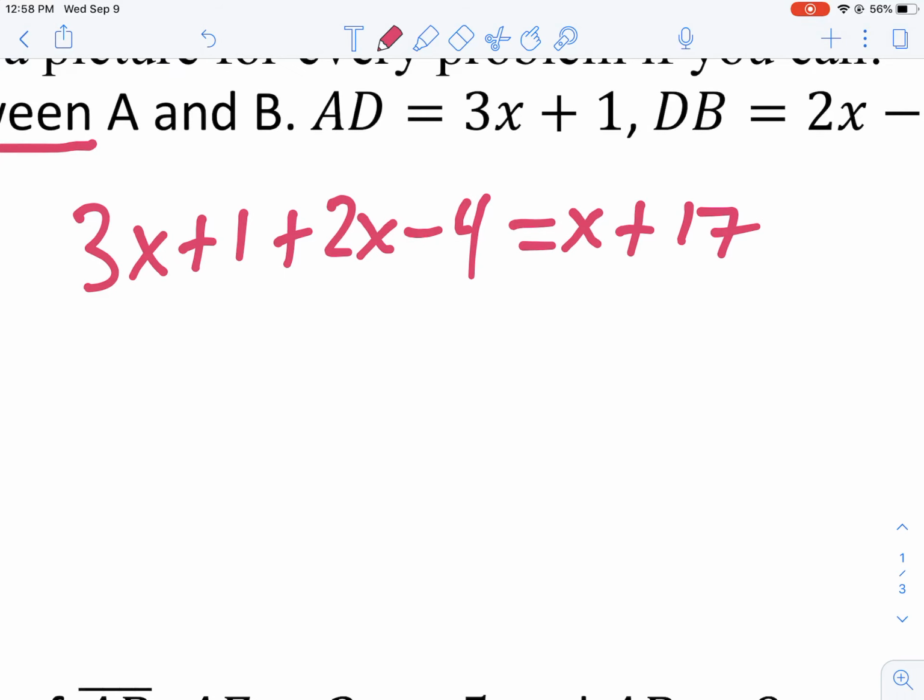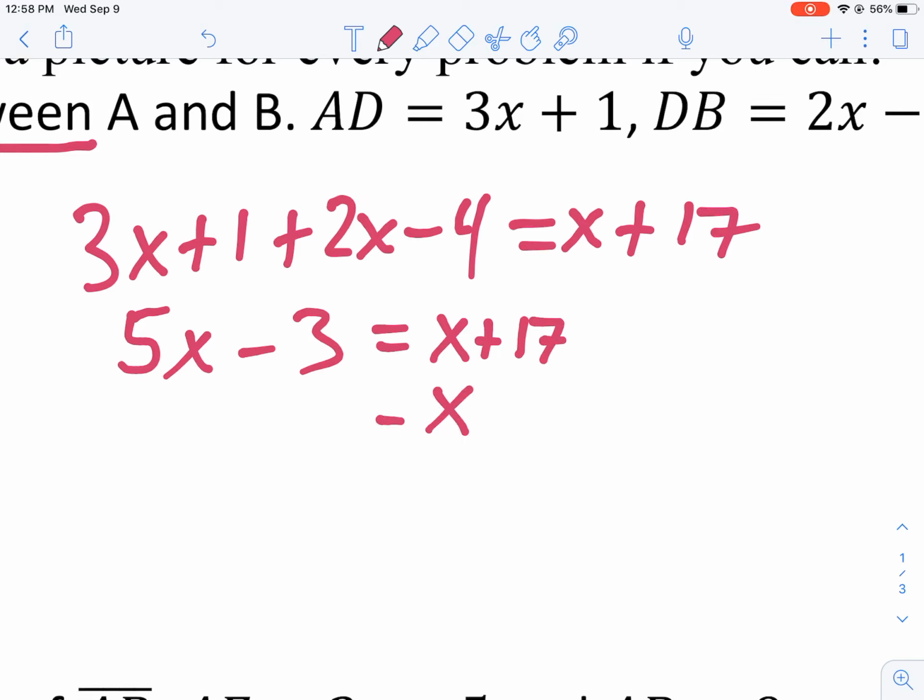Now you can go through. So when things are on the same side, like all these things on the left, we're going to combine like terms. So 3x plus 2x, that's 5x. 1 minus 4 is negative 3. So that equals x plus 17. Now, when you have x's on both sides, you need to move one of your x's to the other side. So I'm going to subtract x on both sides.